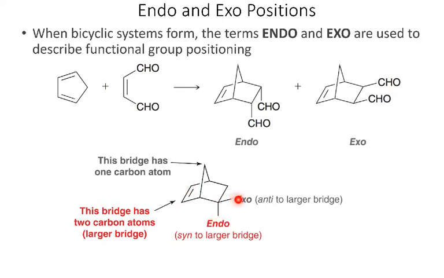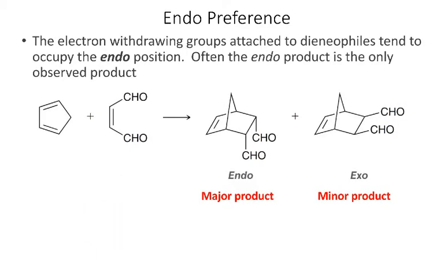Exo, the functional group and the larger bridge are pointing in opposite directions. Okay, so we can get both the endo and the exo positioning of the electron withdrawing groups. Which one is preferred? Well, the endo is greatly preferred over the exo position. And oftentimes, we only get the endo product and we don't see any of the exo product.